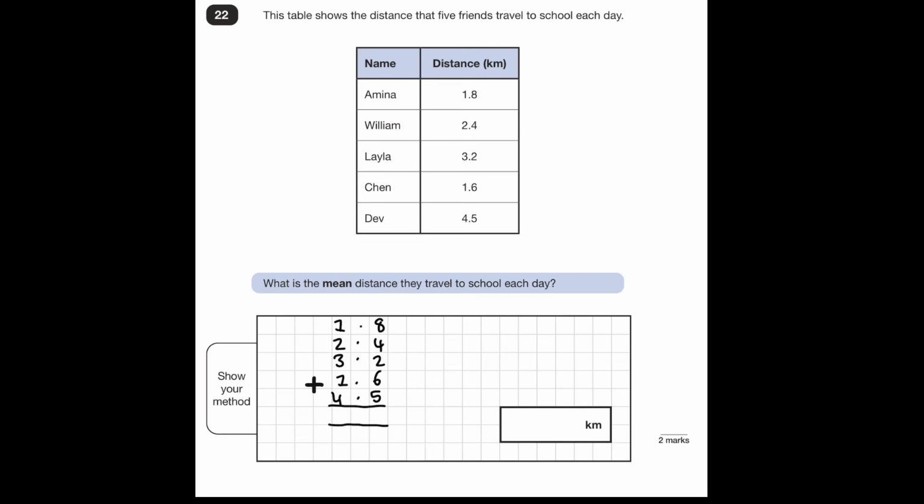So 8 tenths plus 4 tenths plus 2 tenths plus 6 tenths plus 5 tenths is equal to 25 tenths. So we put 5 tenths in the tenths column and we carry the 20 tenths. We exchange them into 2 ones and carry that underneath.